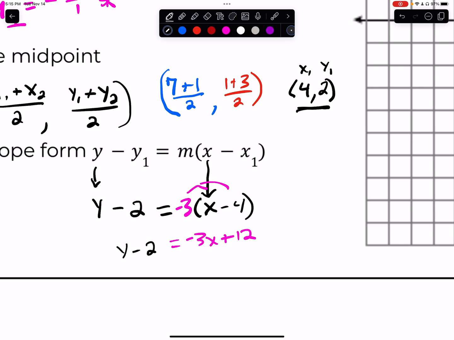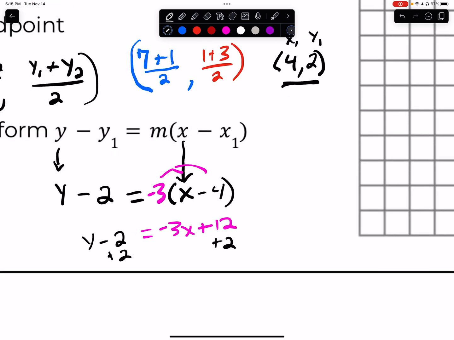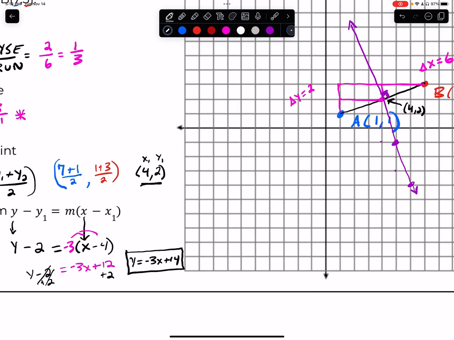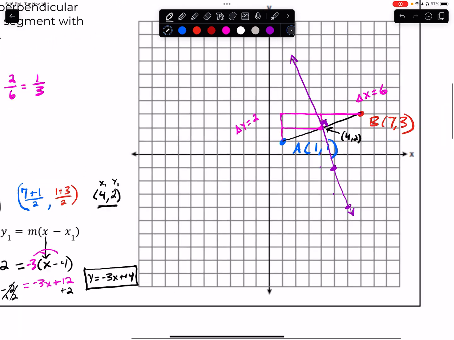So the last thing I'd like to do is isolate my y completely, so now I can write it in y equals mx plus b format. Okay. So y equals, now I've got the y totally by itself, and I've got -3x plus 14. So this is the equation of the line that creates a perpendicular bisector to the line AB.